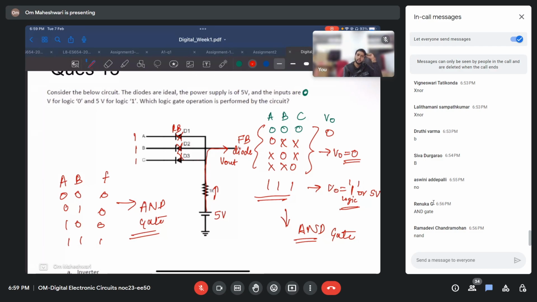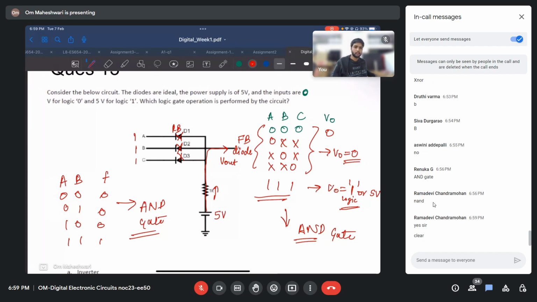Rama Devi, is it clear? You had written NAND. Okay. Anybody else has any doubt in this? If you want, I can repeat this part.